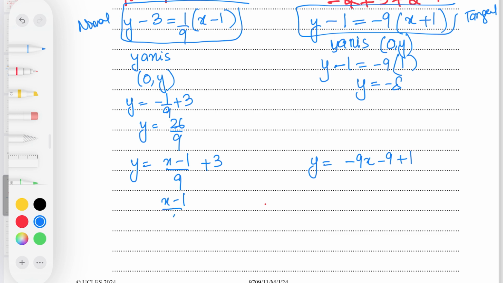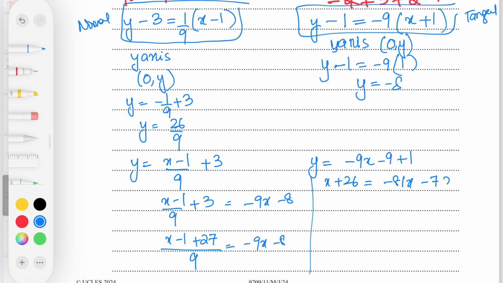Okay, equate them. X minus plus 26 minus 81x minus 72. 82x equals minus 72 minus 26 gives you a minus 98. So x is minus 98 upon 82.